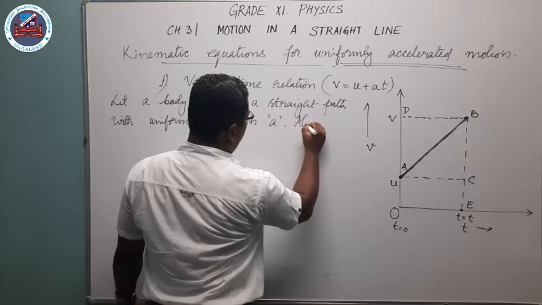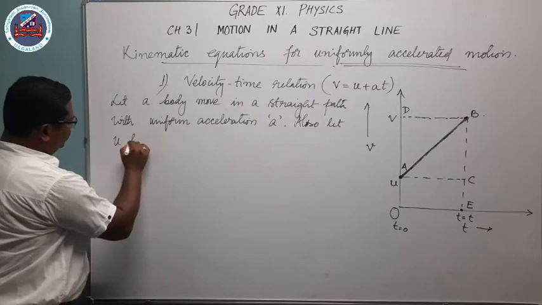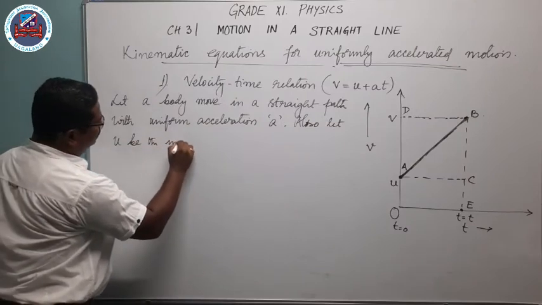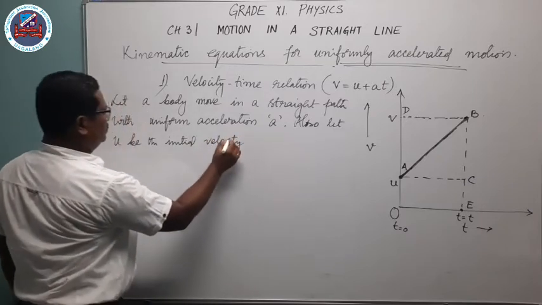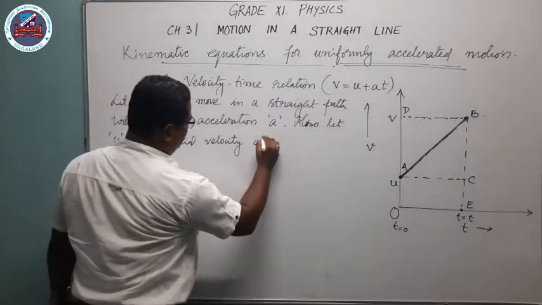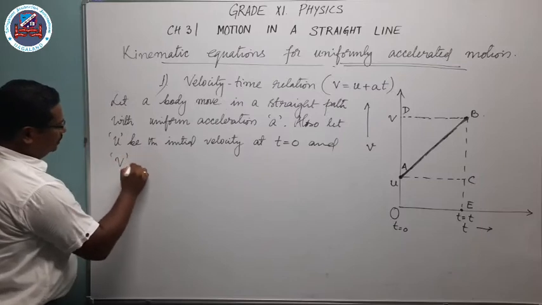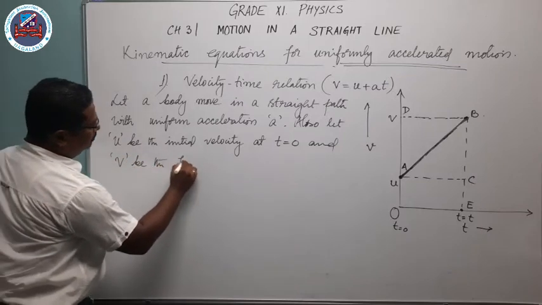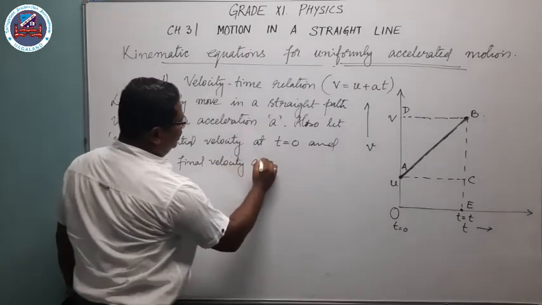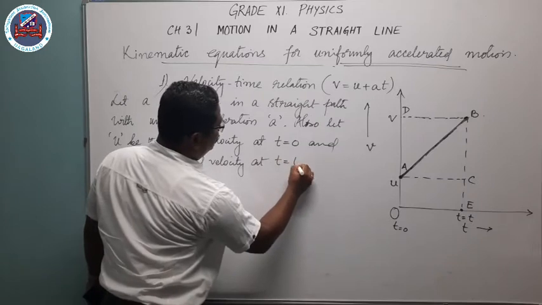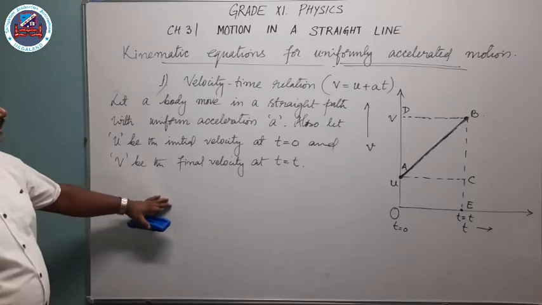Also, let U be the initial velocity at t equal to 0 and V be the final velocity at t is equal to t. This much you can write down, then you can start deriving the equation.